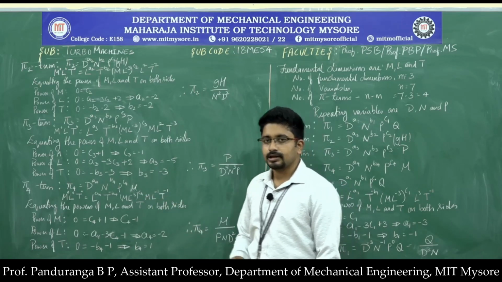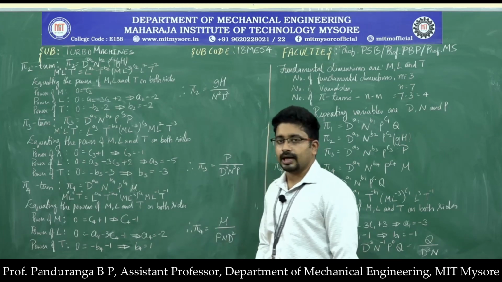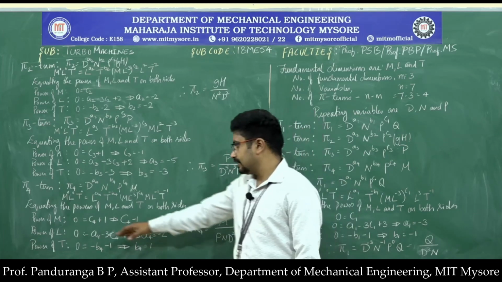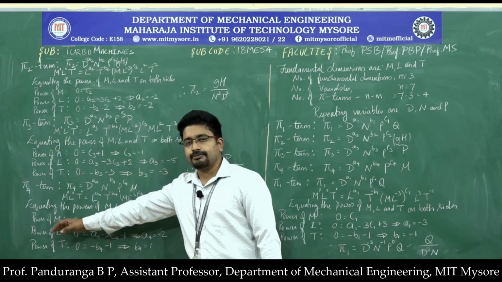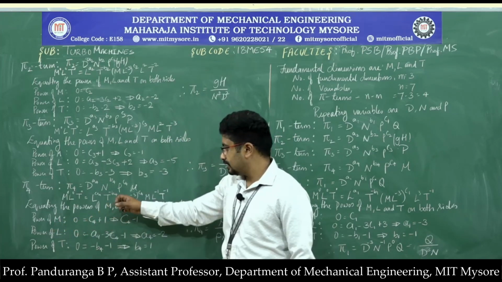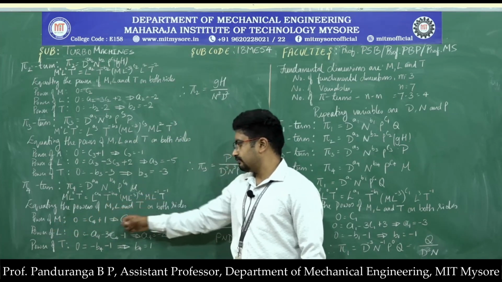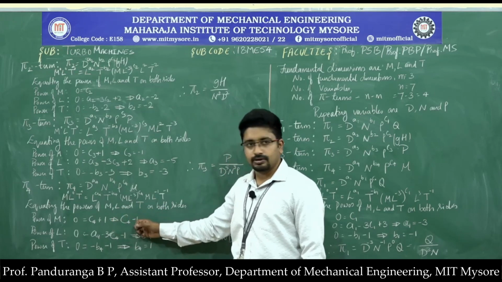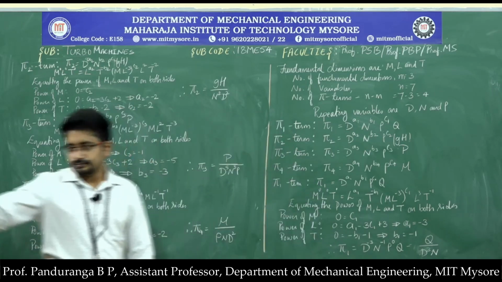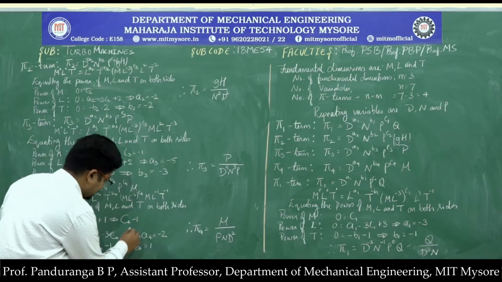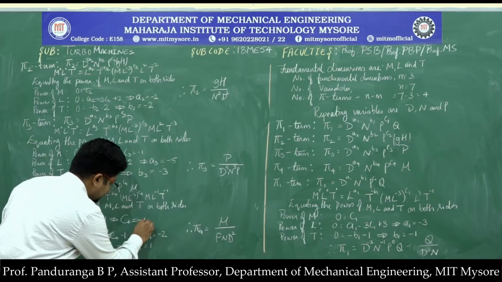Again we will equate the powers of m, l and t on both sides. So we have the power of m, 0 will be equal to c4 plus 1. So c4 will be equal to minus 1.